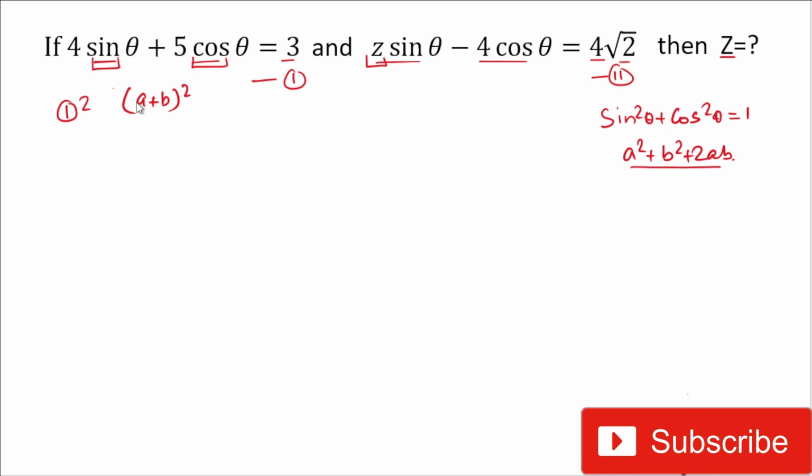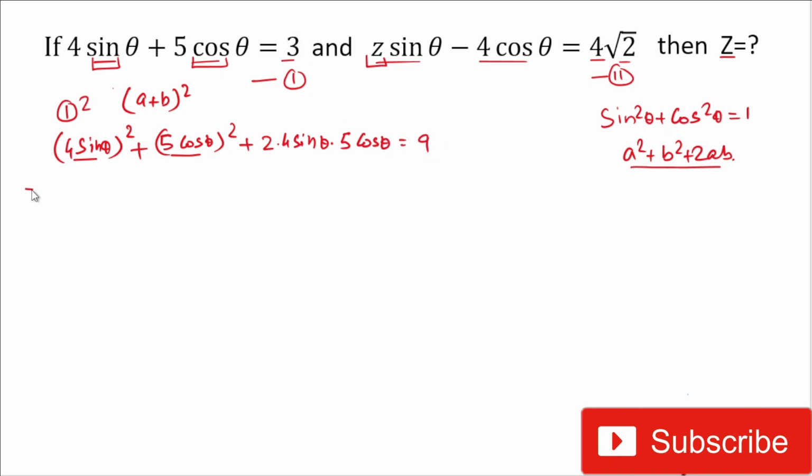So it is (4 sine theta) square plus (5 cos theta) square plus 2 times 4 sine theta times 5 cos theta, and on the right hand side we have 3 square, which is 9.